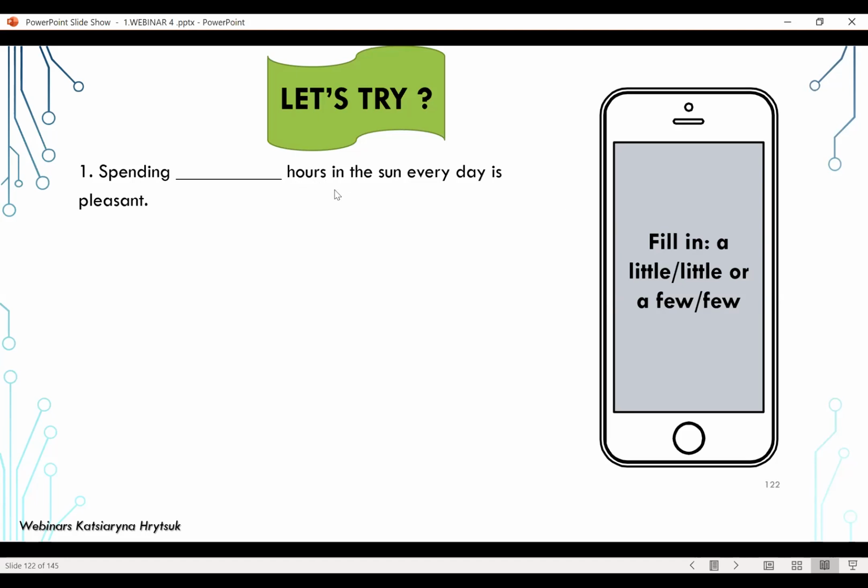Of course countable, because you have S. Okay, so countable. So you can use few or a few. Now, if it's a positive meaning of the sentence, a few. Negative, few. Answer: spending a few hours in the sun every day is pleasant. Yes, spending a few hours in the sun every day is pleasant.